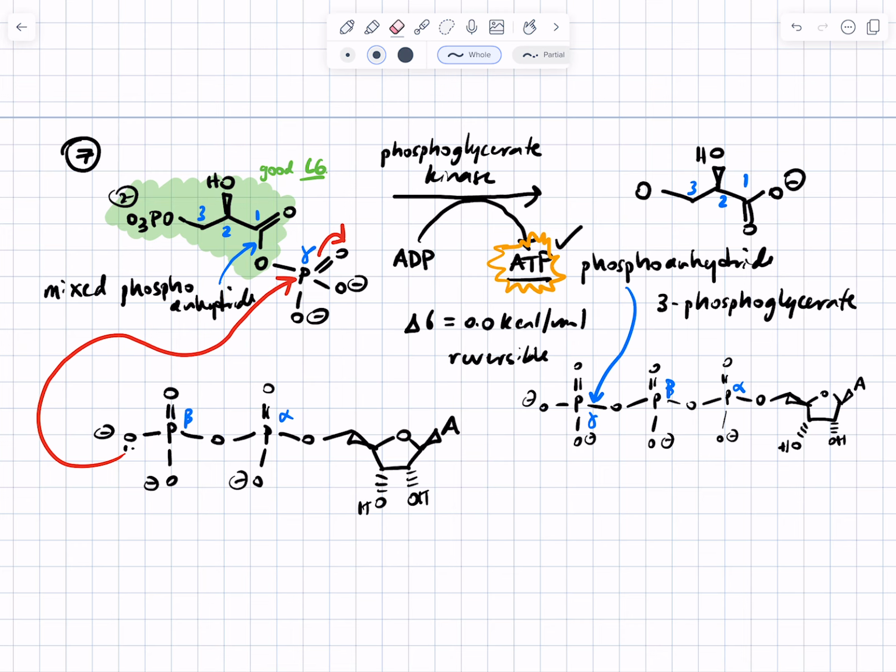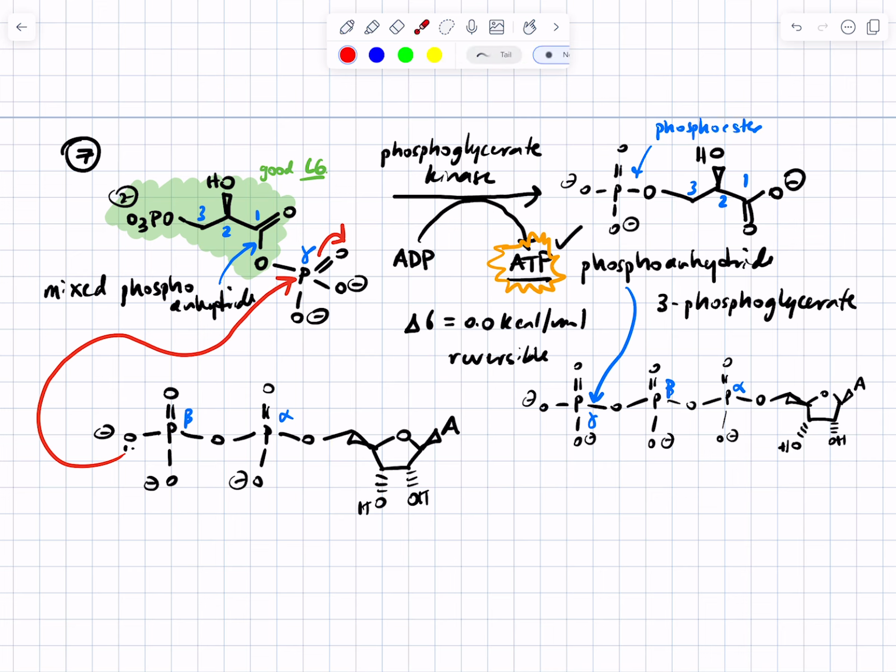And our problem is essentially that the remaining phosphate group in 3-phosphoglycerate is not attached to a good leaving group. In fact, this bond is a fairly stable phosphoester.